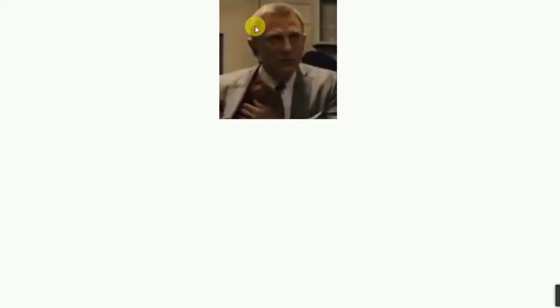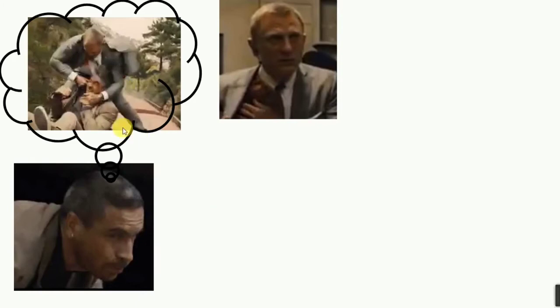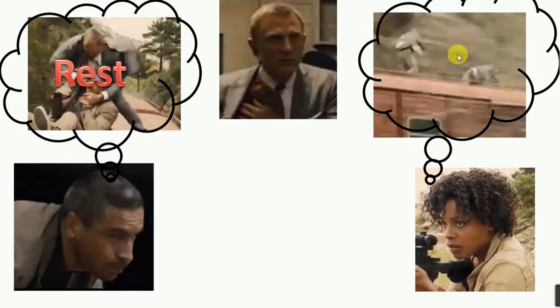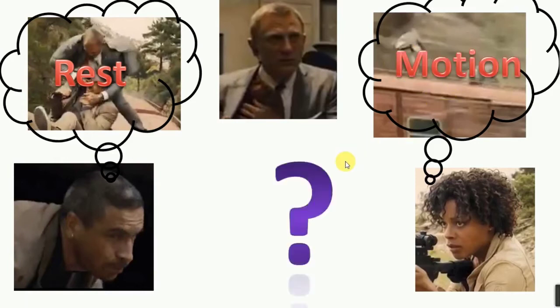Now let's talk about the state of motion of this guy. If you ask this guy what was the state of motion of this guy, he would say he was at rest because he was fighting with him in the same train. And if you ask her what was the state of motion of this guy, then she may say he was moving with the train, that means he was in motion.